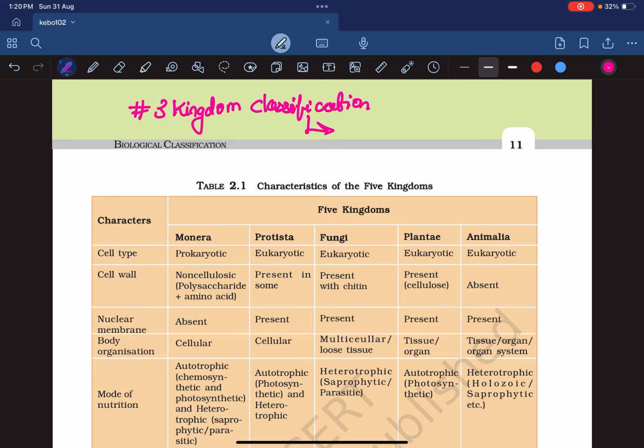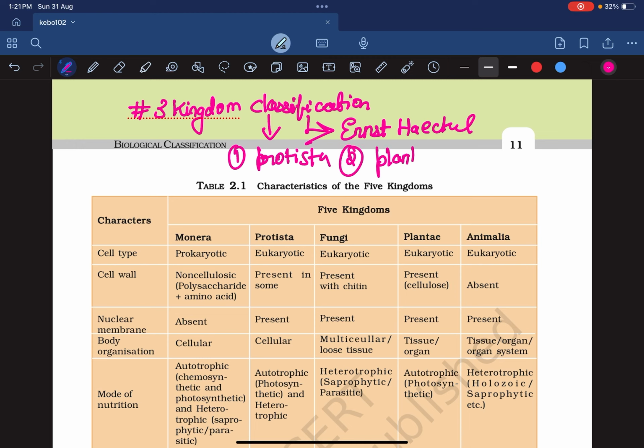These are asked in tests of any institute. It was given by Ernst Haeckel, which divided groups into Protista, second one Plantae, third one Animalia. But to give more info, Ernst Haeckel also coined the term Monera.